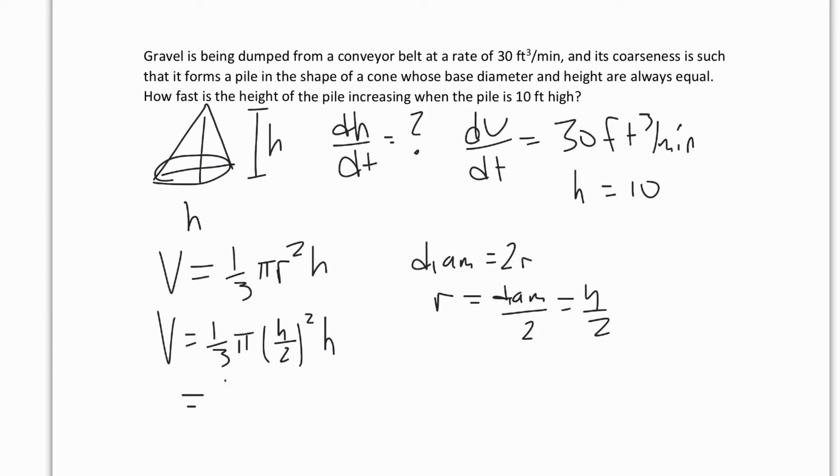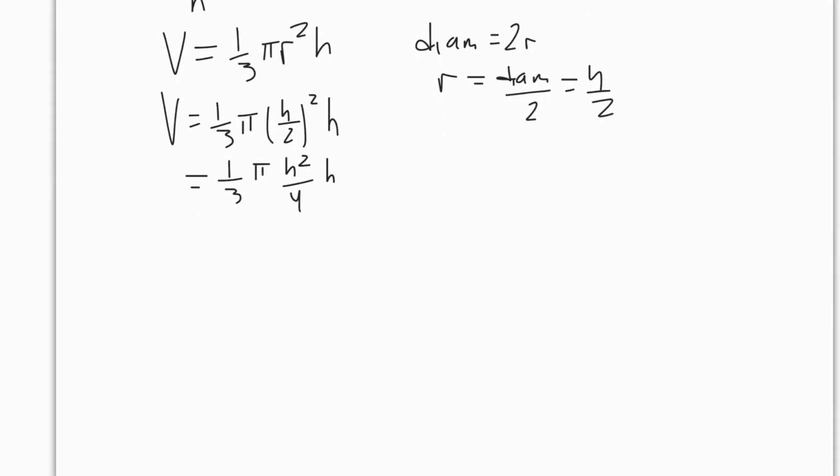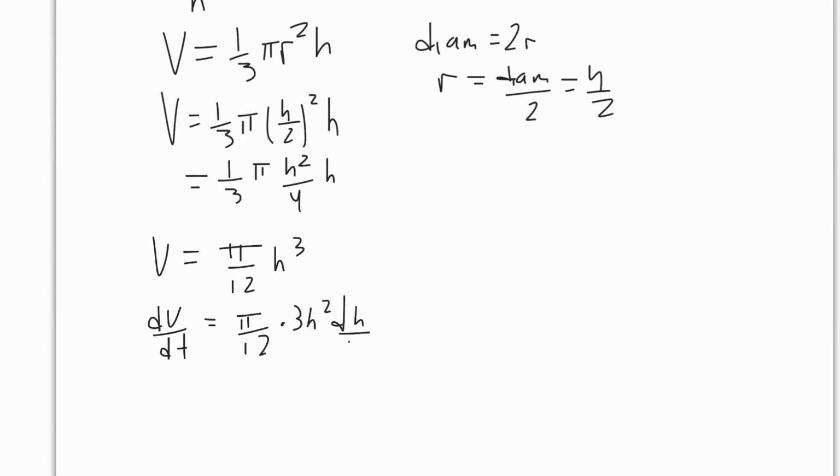So that'll give you 1/3 pi h squared over 4 times h. So volume is equal to pi over 12 h cubed. We'll go ahead and do a derivative, dV/dt, pi over 12 times 3h squared dh/dt. We could reduce that 3 and that 12 to give you 4.